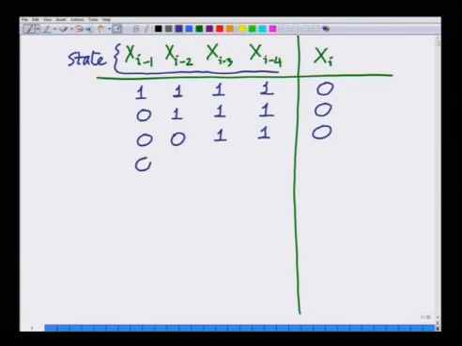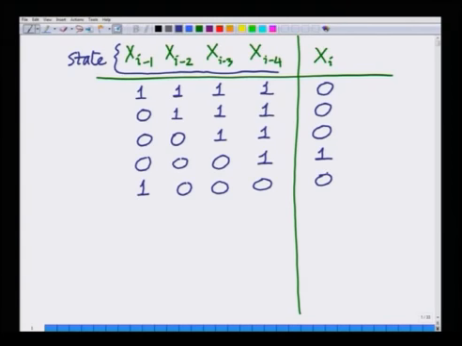The next state is 0, 0, 0, 1 and xi is now 1 XOR 0, so xi is 1. The next state is 1, 0, 0, 0 and xi is 0.